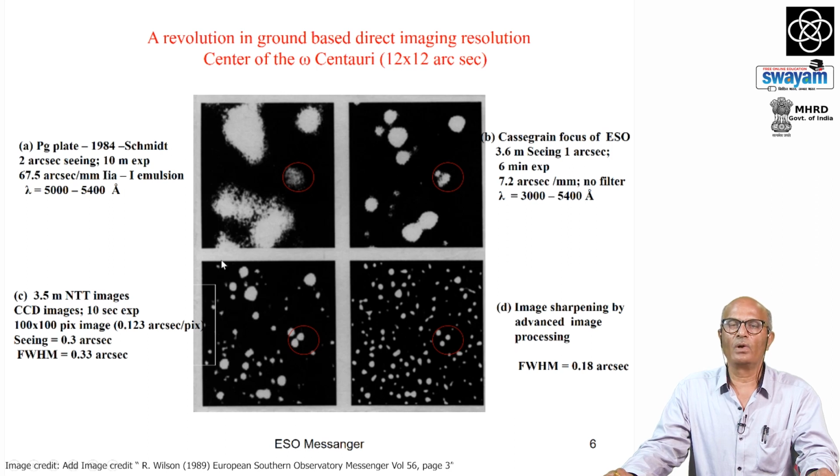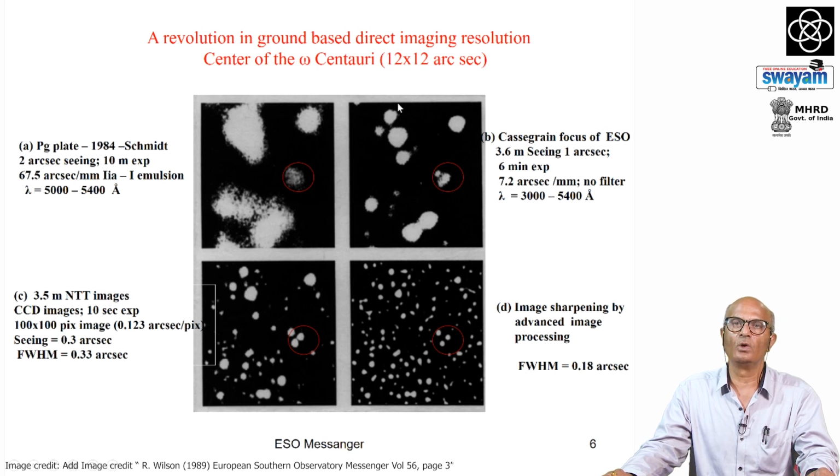You might have heard the name of the New Technology Telescope, which was installed in the late 80s, and it has the capability of adjusting or improving its seeing parameter very frequently.